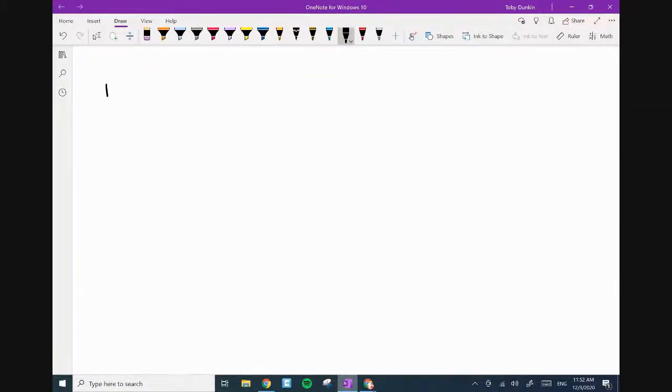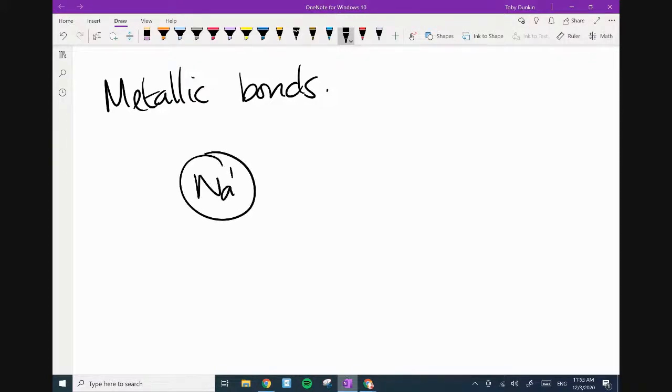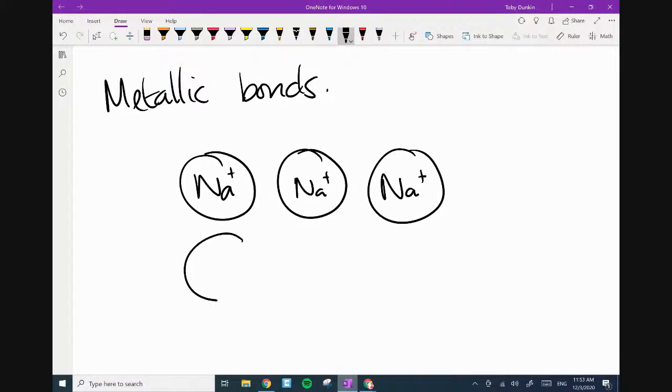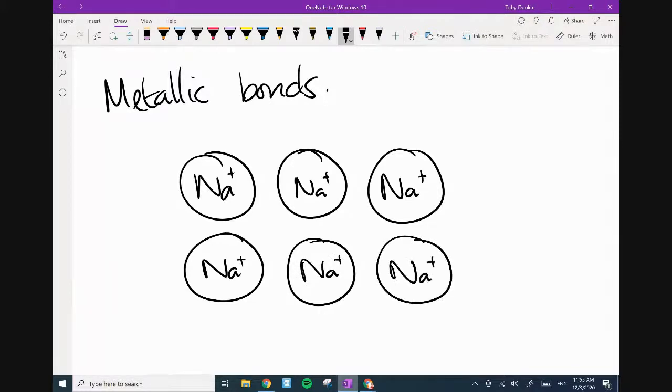Right, can we now do metallic bonding? Metallic bonds. Still GCSE. At GCSE in year 11, we picked up this picture. You have a giant lattice of cations surrounded by a sea of delocalized electrons.